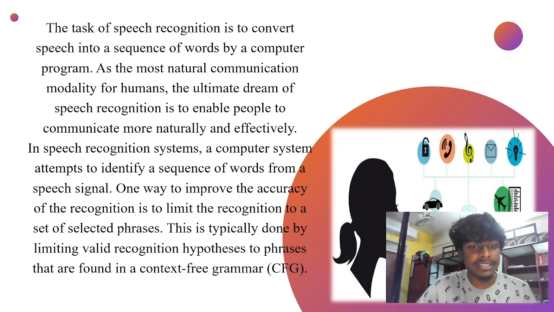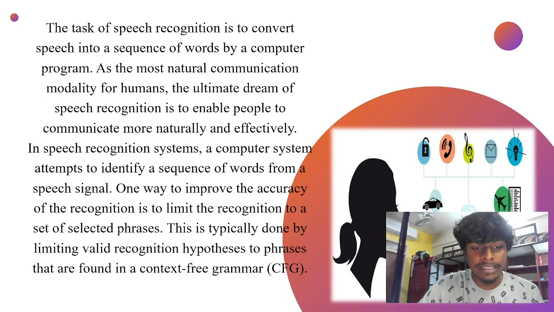In speech recognition systems, a computer system attempts to identify a sequence of words from a speech signal. One way to improve the accuracy of the recognition is to limit the recognition to a set of selected phrases. This is typically done by limiting valid recognition hypotheses to phrases that are found in a context-free grammar, that is CFG.